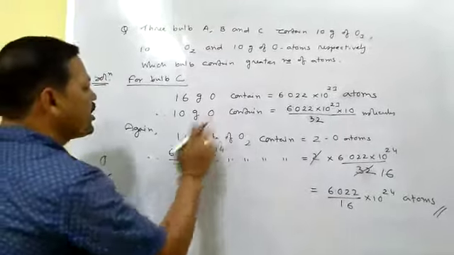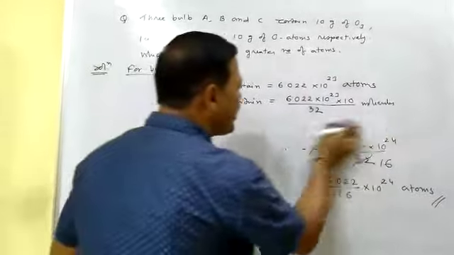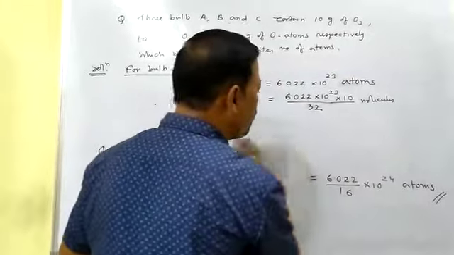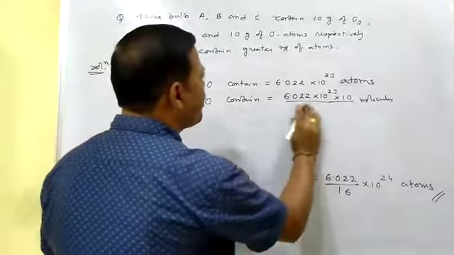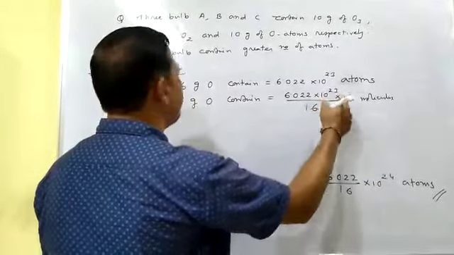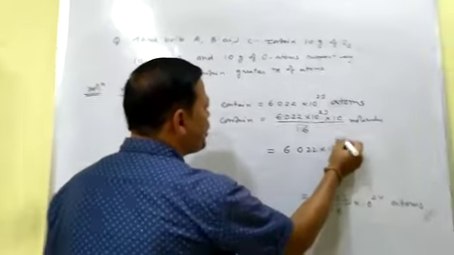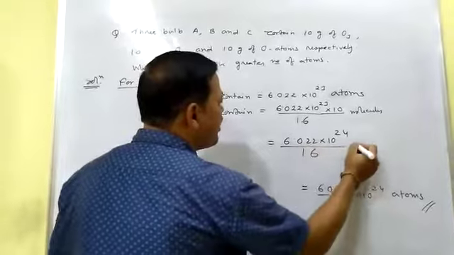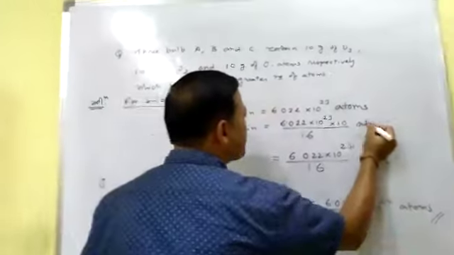So 10 gram O contains 6.022 into 10 to the power 23 divided by 16 into 10. Ultimately you will get 6.022 into 10 to the power 24 divided by 16 atoms.